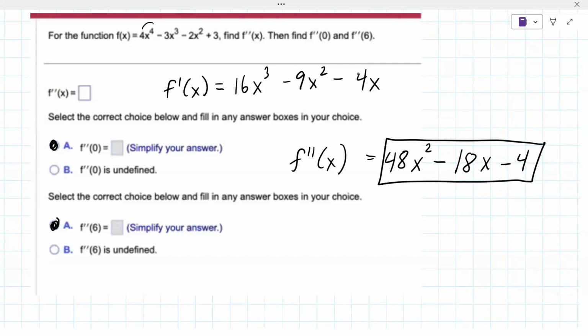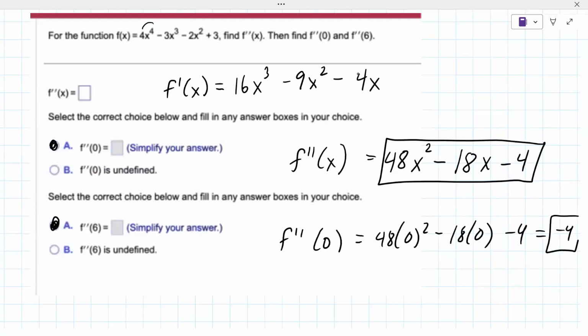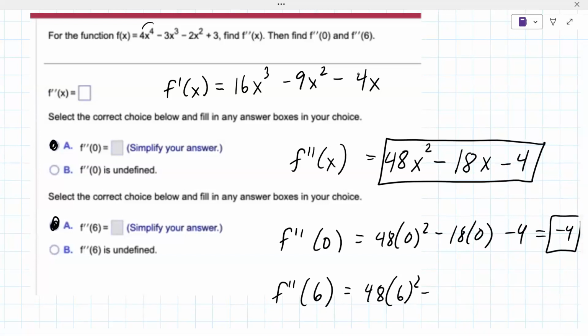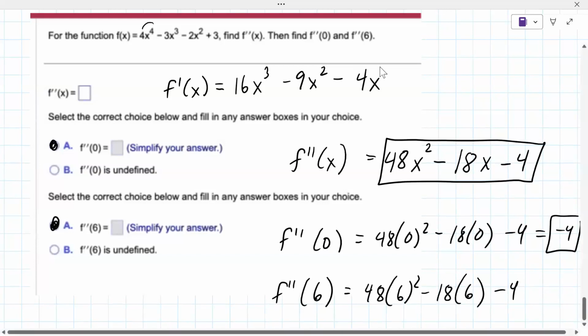The next two are evaluating the derivative at points. So at 0, it's 48 times 0 squared minus 18 times 0 minus 4, which you'll find is minus 4. That's the second box. And then the second derivative at 6 is 48 times 6 squared minus 18 times 6 minus 4. It will not be as simple. Definitely will need a calculator.